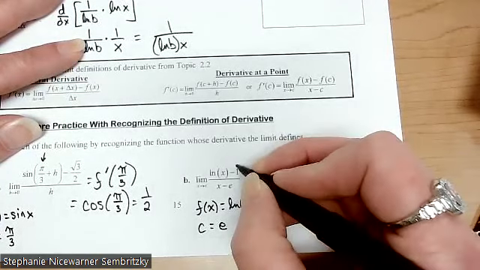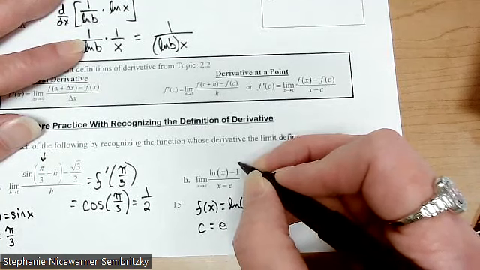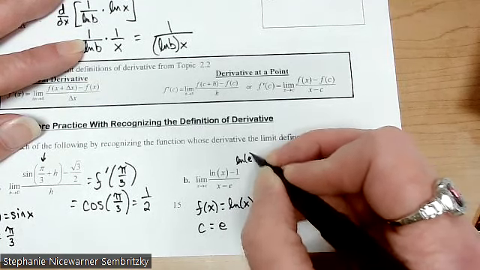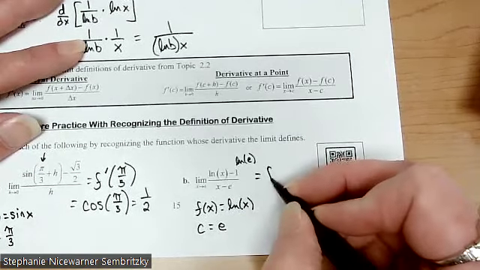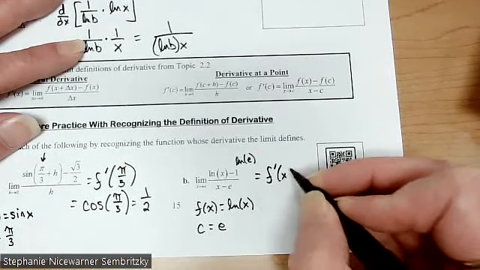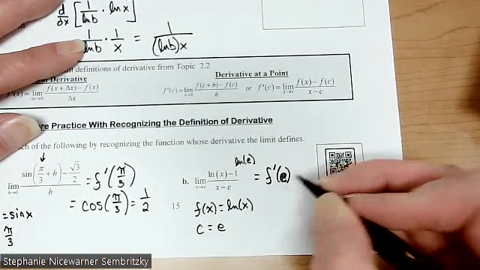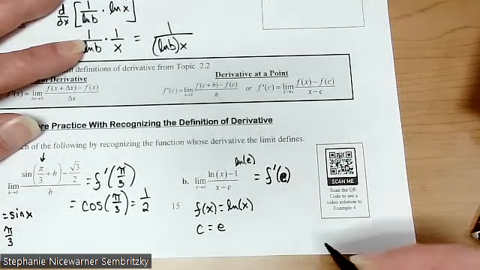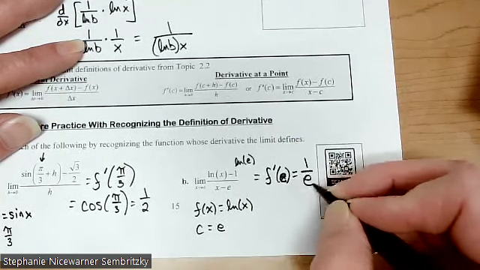Let's see if that's true. What would be f of c? Well, that would be ln of e, which is 1. So that is true. So this is finding the derivative of ln of x at e. Okay, so the derivative of ln of x is 1 over x. So this is 1 over e.